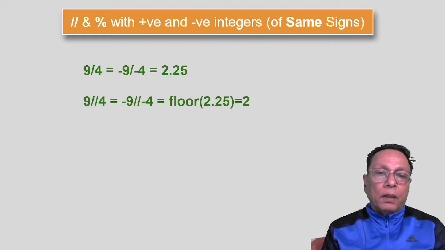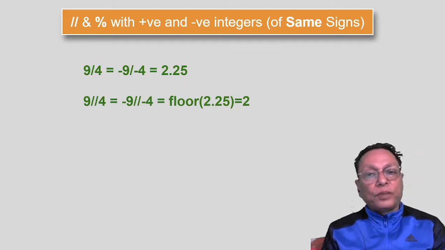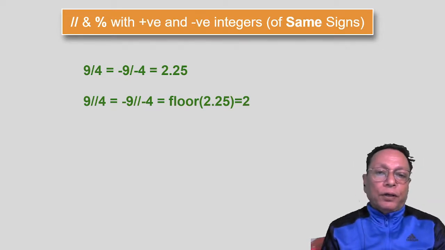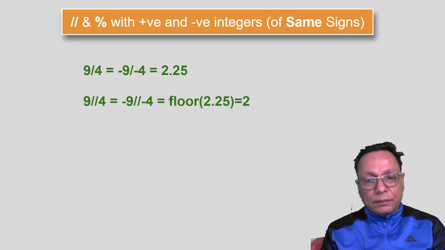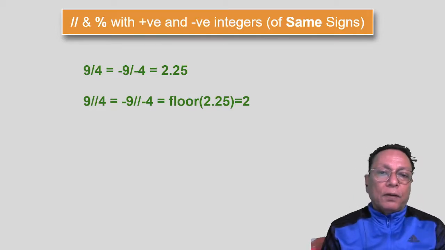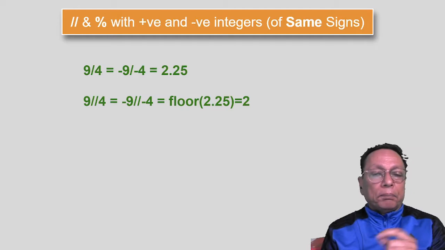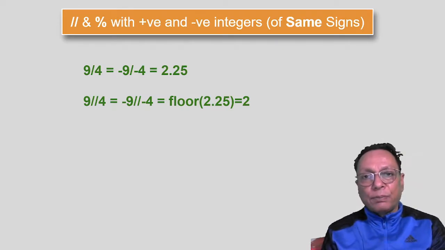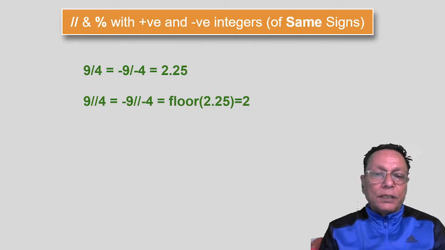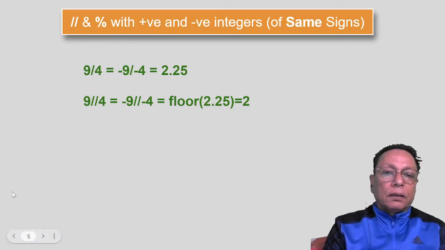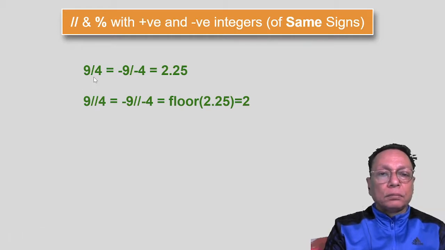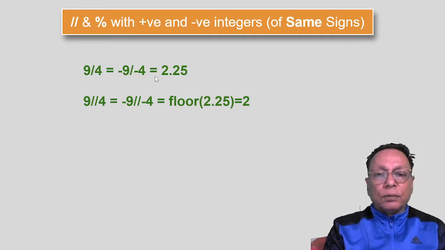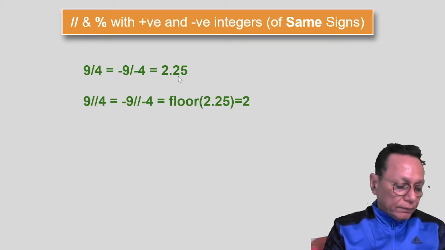Next, floor division and modulo with positive and negative integers. See here, when you divide a positive by a positive integer, the quotient will always be positive. Or if you divide a minus integer by a minus integer, the quotient will always be positive. See here, if you divide 9 by 4 or minus 9 by minus 4, this will give you a positive quotient always.